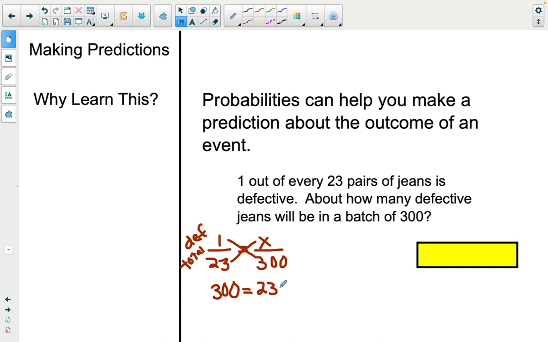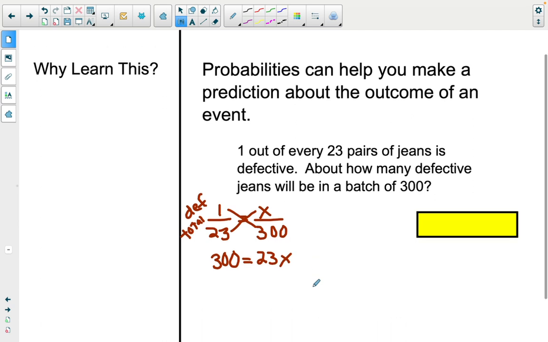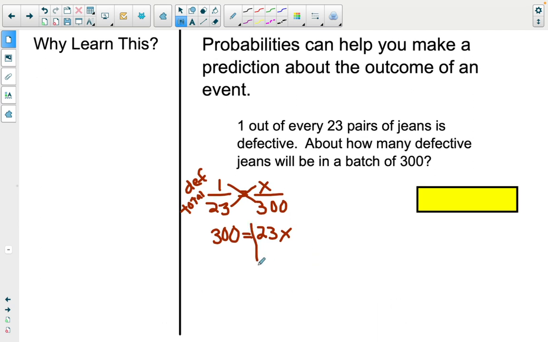Now we just have a simple one-step algebraic equation. Notice how all of this stuff comes back, reviewing things we've done before. How would I solve for x? I'm going to divide both sides by 23. Now I am going to get a strange decimal number, but we're going to round it.